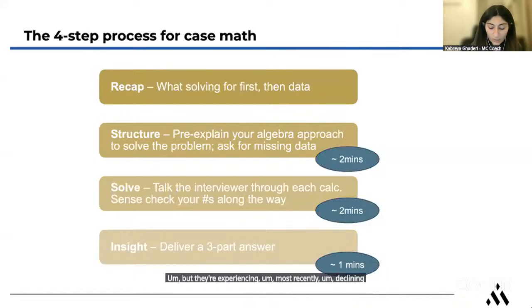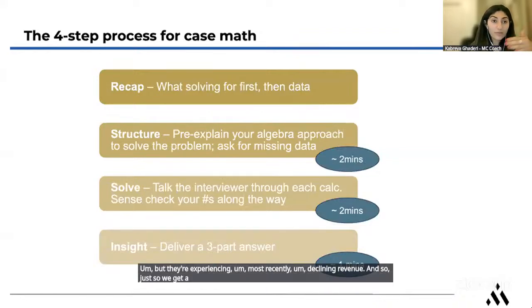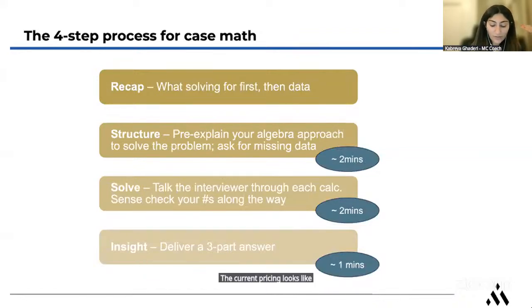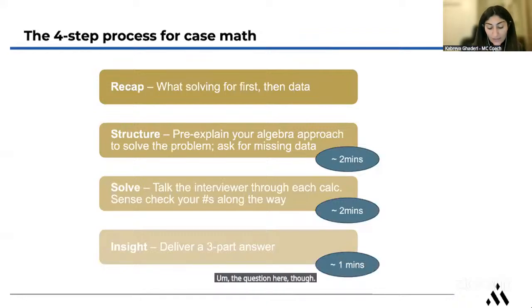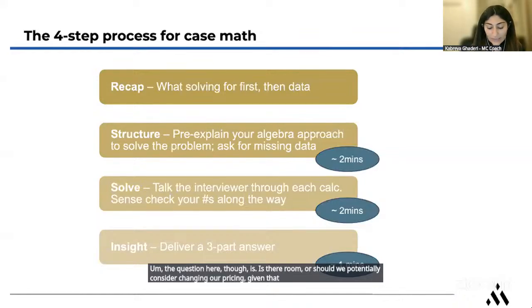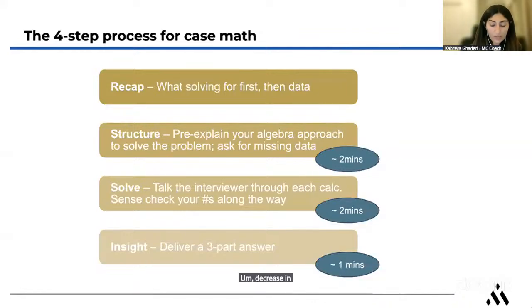And so just so we get a baseline of what the current pricing looks like, they sell each unit for $50, and they sell 100 million units through one channel, which it looks like is our only option currently, given our contractual obligations. The question here, though, is whether there is room or whether we should potentially consider changing our pricing, given that we know price elasticity is 0.5. So a 20% decrease in price should realize a 10% increase in demand. Am I correct? Am I understanding the problem?